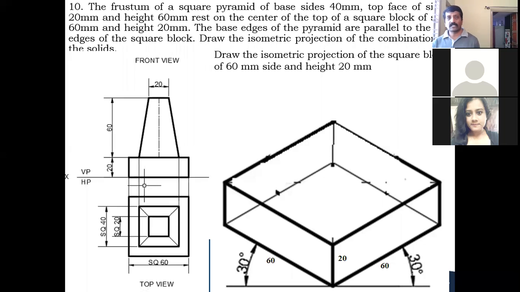So you know this square pyramid, yes. When the square pyramid is cut in such a way, in between the vertex and the base, that the cutting plane is perpendicular to the axis, after cutting, the top portion we are removing and we are retaining the bottom portion.